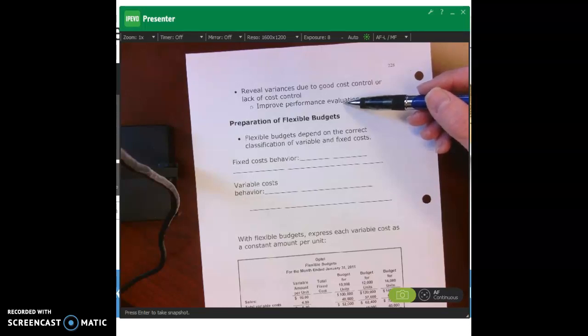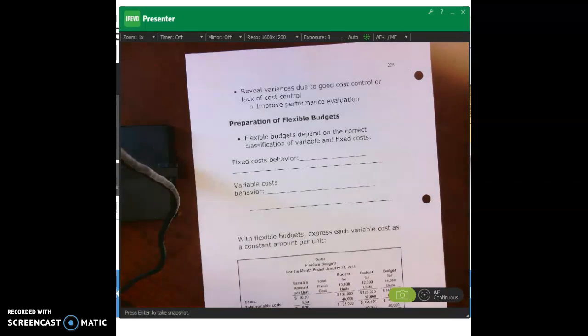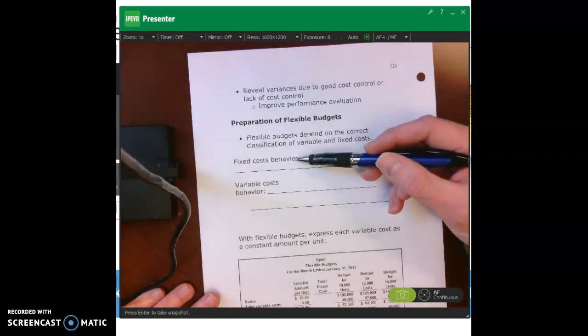Now we've put the budget on the same level of unit sales as what you actually had. So volume is not a reason for any type of variance.